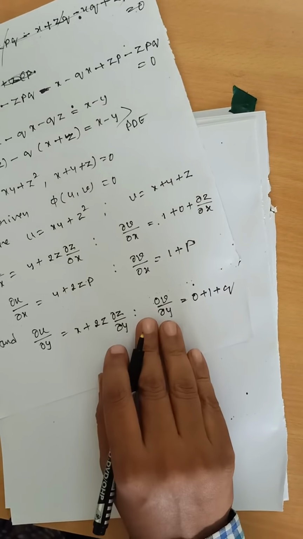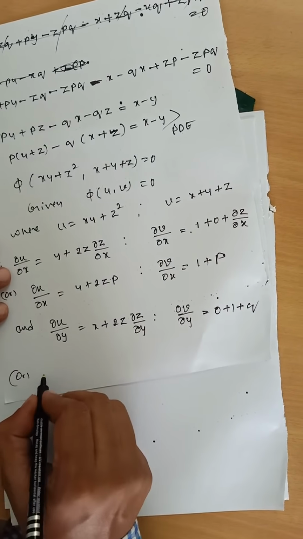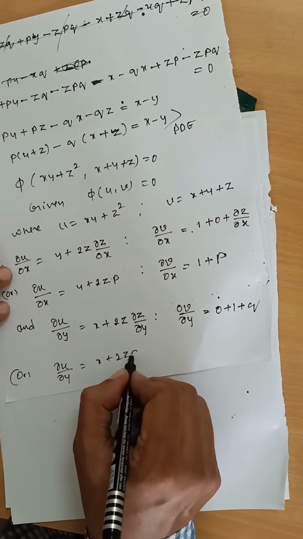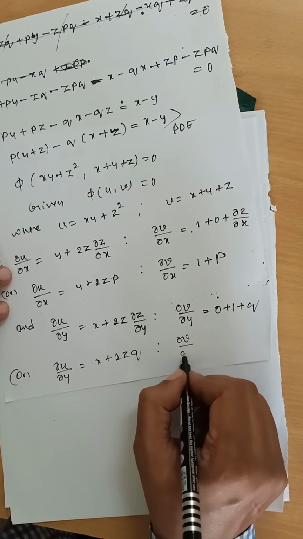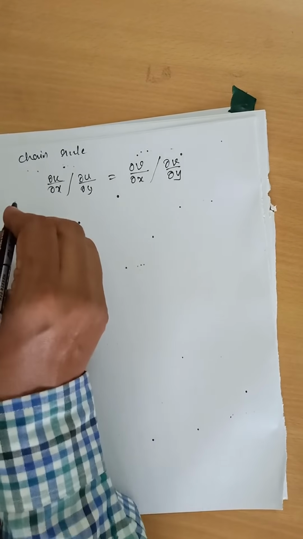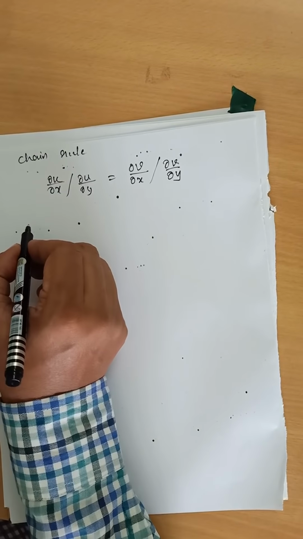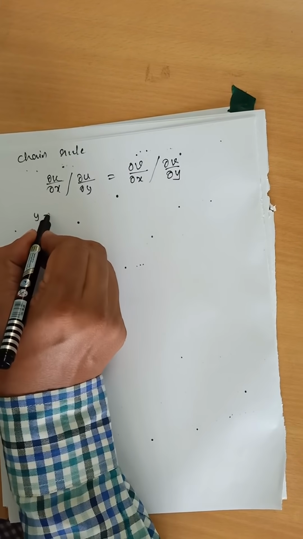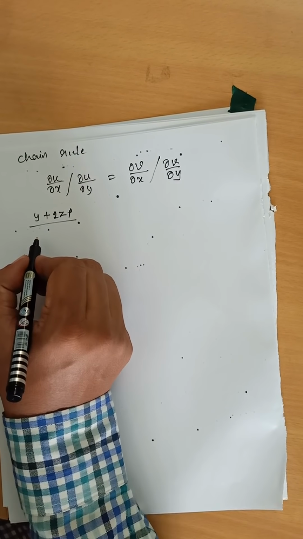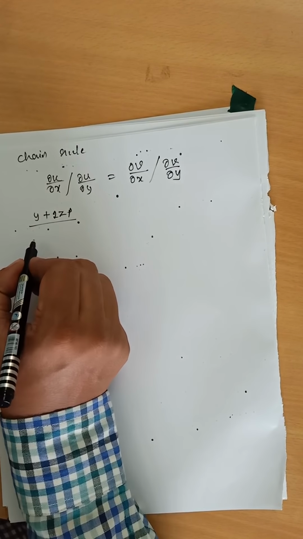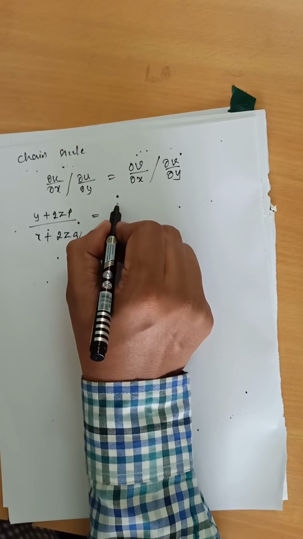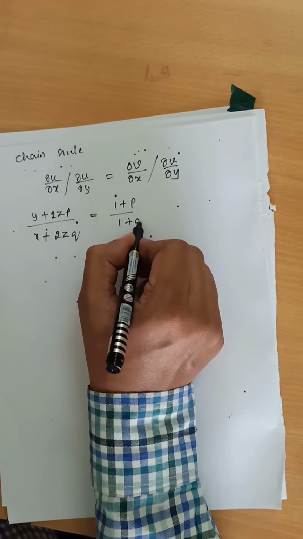You write one more step for this: ∂u/∂y is x plus 2zq, ∂v/∂y is 1 plus q. That is, ∂u/∂x divided by ∂u/∂y is (y plus 2zp) over (x plus 2zq), equal to 1 plus p divided by 1 plus q.